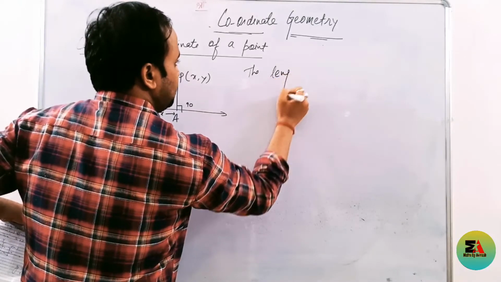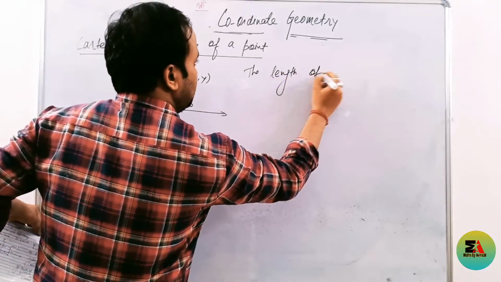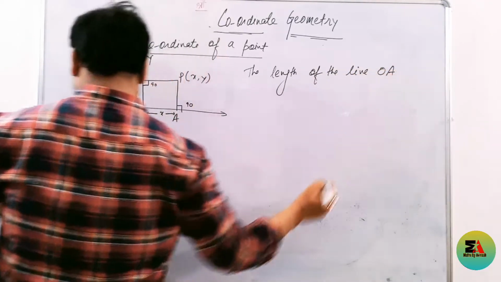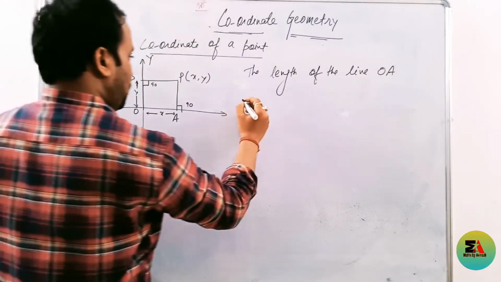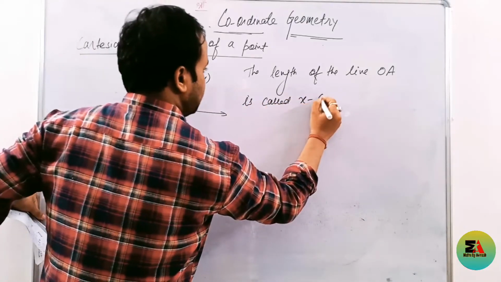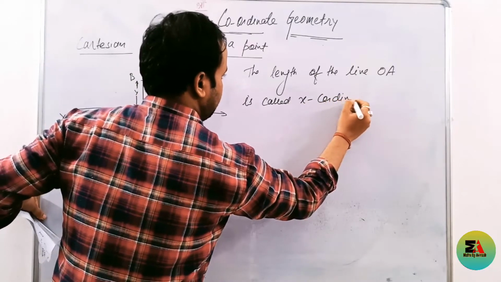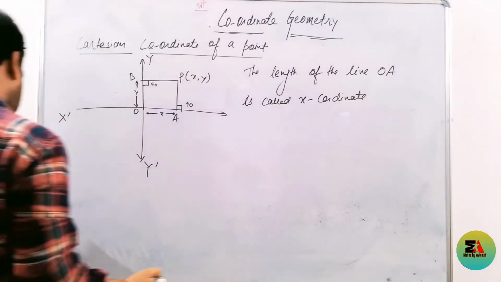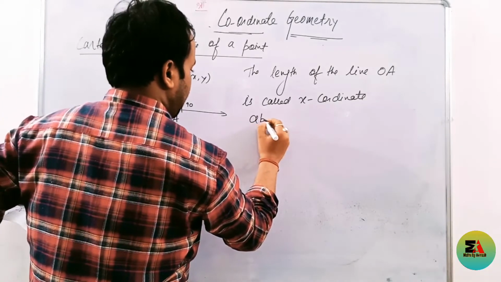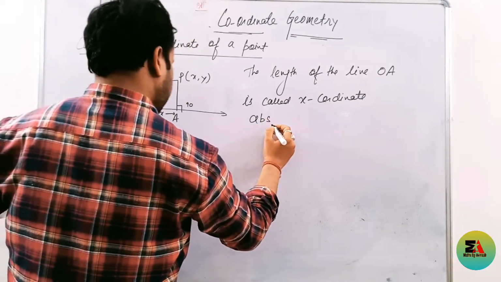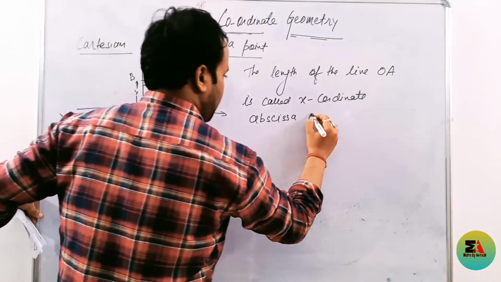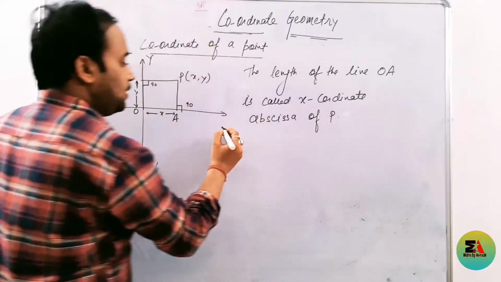The length of the line OA is called the x-coordinate, that is the abscissa of point P. What is abscissa?